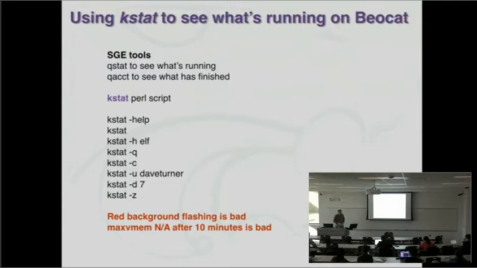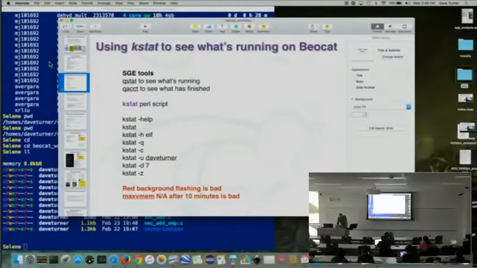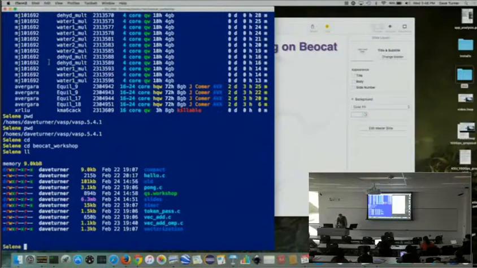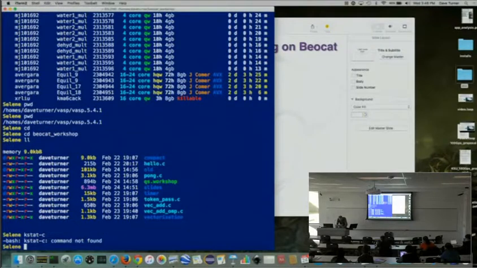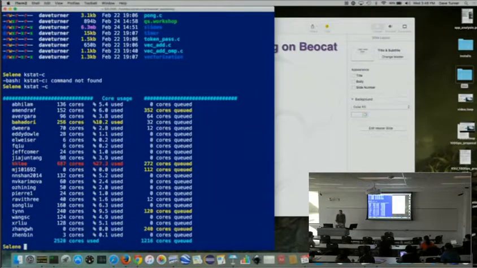Other things that I don't think people use much: KStat minus C is a good way of seeing what everyone is doing. If you do a KStat minus C, it gives you a summary of who's using the cluster.